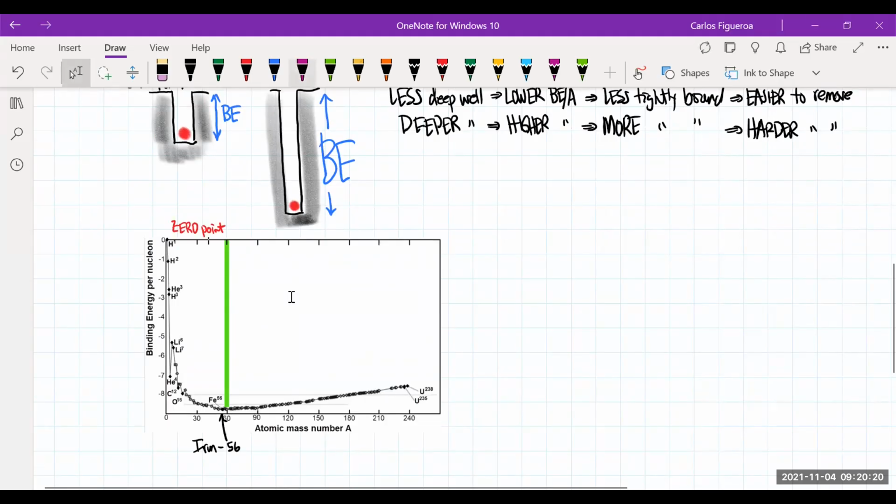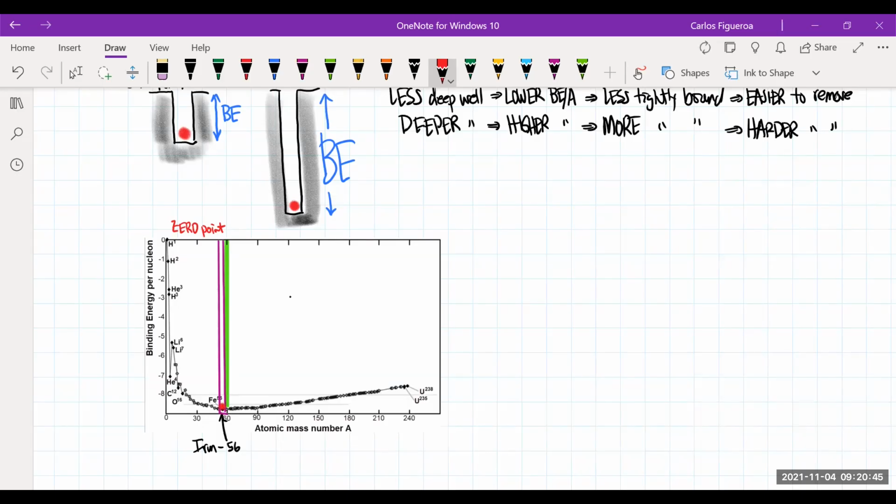So check this out. If I look at a nucleon in lead, that means that it has this, it creates a little well. And so if I look for my well, there's my well, and it looks like this. So right trapped in here is one of the nucleons of iron.